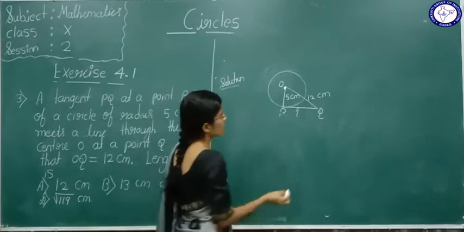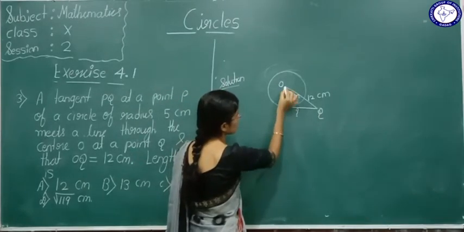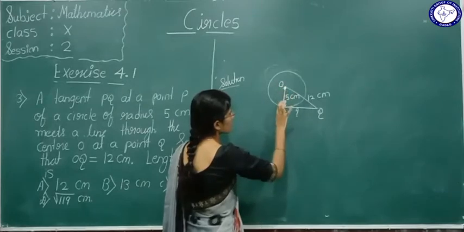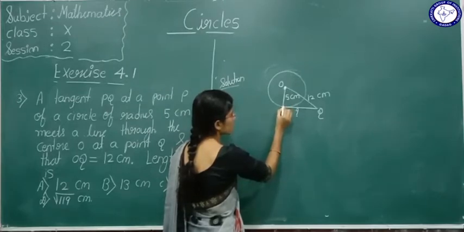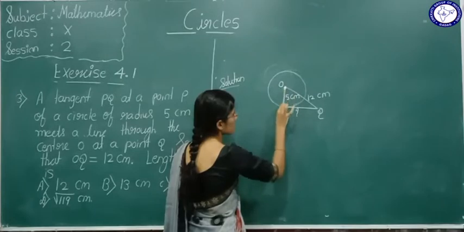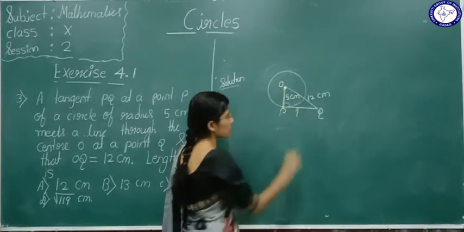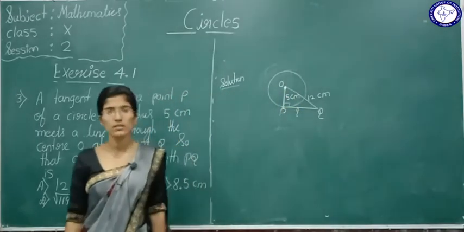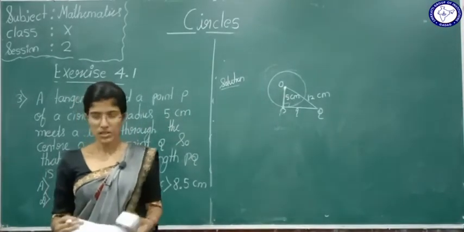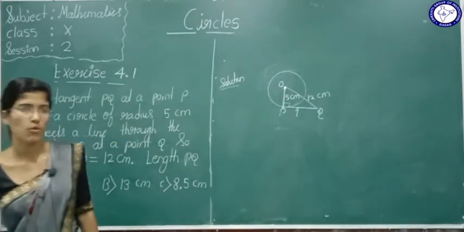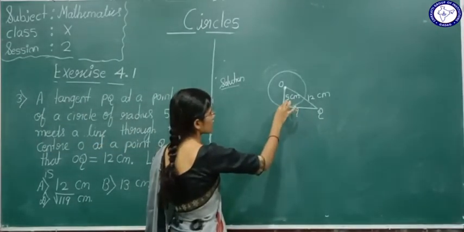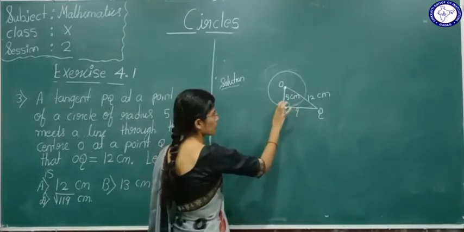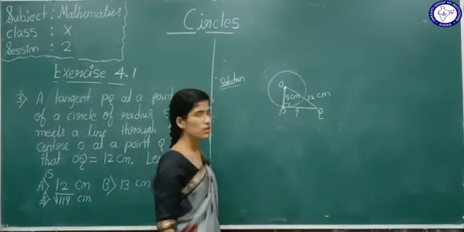Now see here, what is the one theorem we have learned? The tangent at any point of a circle is perpendicular to the radius.